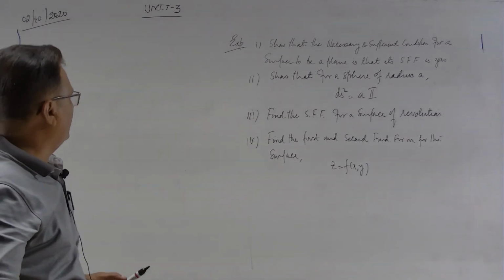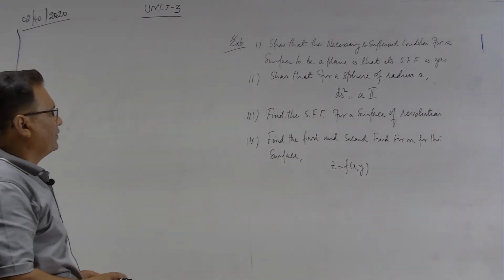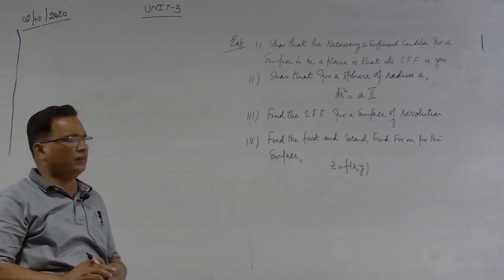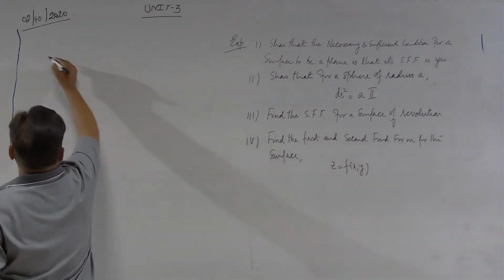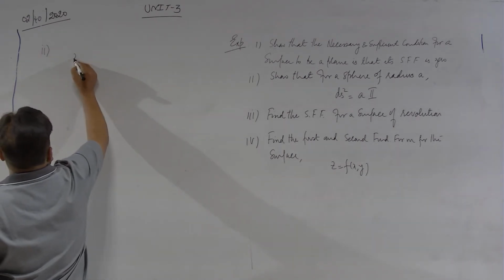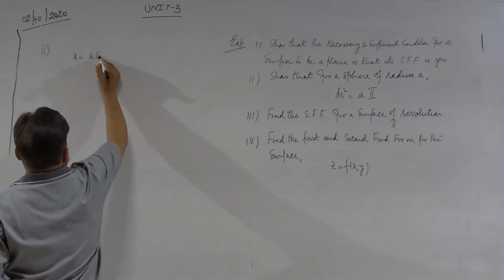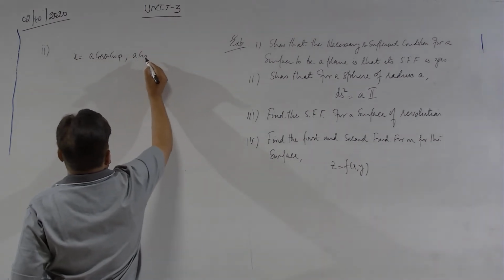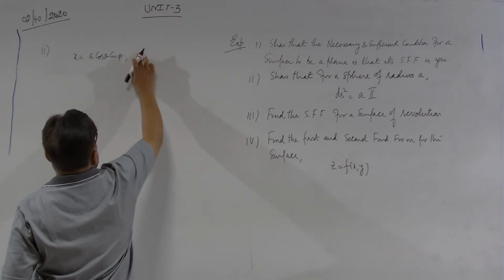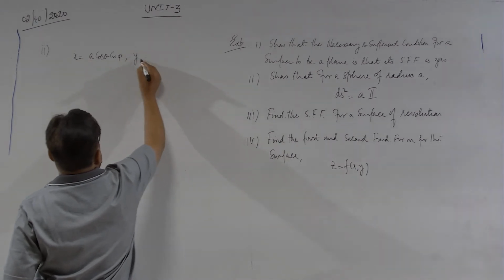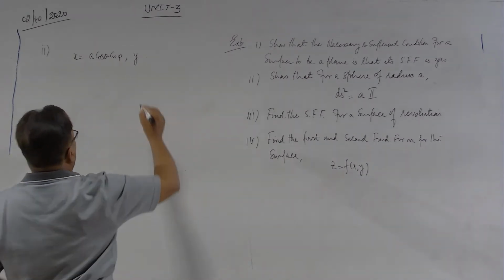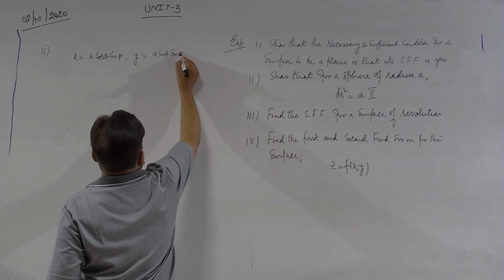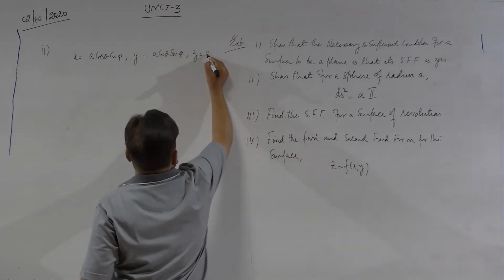In the second problem, we have to work out the first fundamental form and second fundamental form both for a sphere of radius a. Now, if you remember, the parametric equation of a sphere is written as x equal to a cos theta cos phi, y equal to a cos theta sin phi, and z is a sin theta.